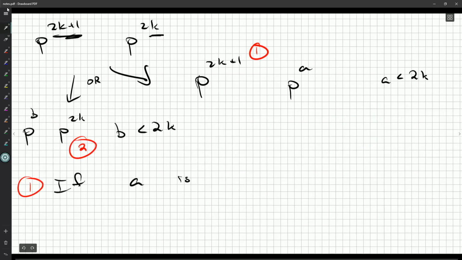If a is odd, a is less than or equal to 2k minus 1, and then I will give them p to the 2k minus 2, p to the 2k minus 1. Yeah. Well, no, p to the a minus 1.